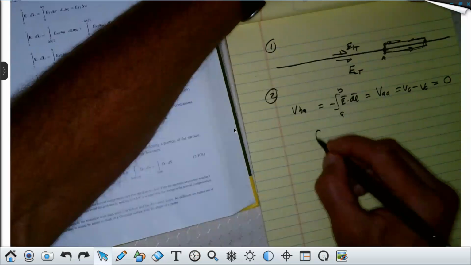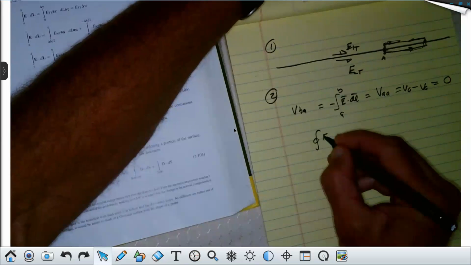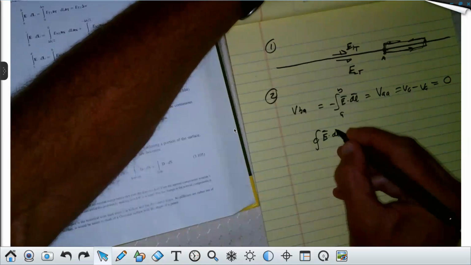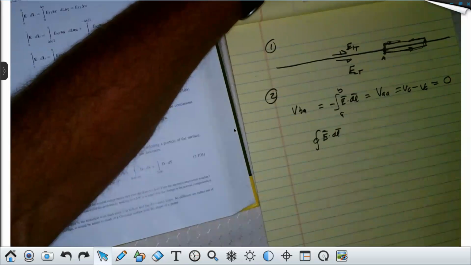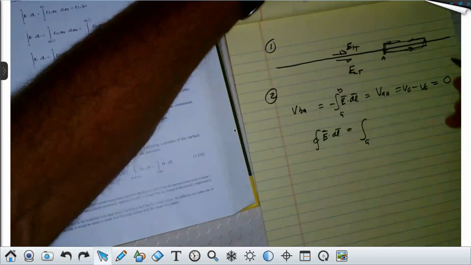Now, remember I said I had an E field here and an E field here on either side of this boundary of region 1 and 2. Well, if you break this integral down, that simple circle there means it's an integral over a closed path of E dot dl. You can neglect the actual negative sign. That's really the integral from A to B, and I'm going to make this height h approach 0.